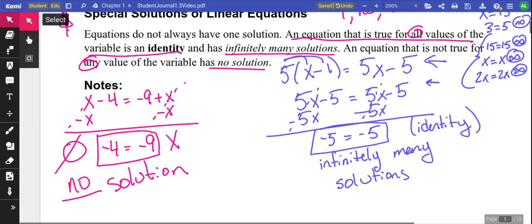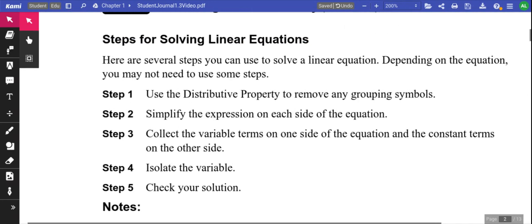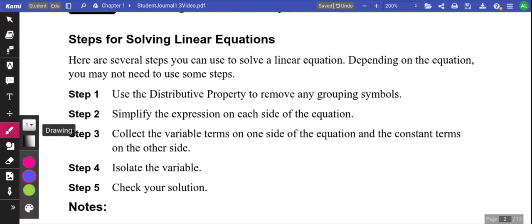Just to point out one very last thing, we've already taken notes on this, so I'm not going to spend a ton of time on it, but as we get into more and more complicated equations, make sure you know the order to work through them. First, make sure you don't have any grouping symbols, by which I really mean parentheses, so distribute out anything.